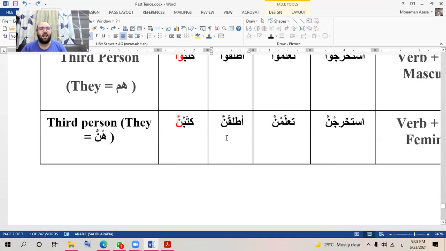Atlaq with qalqala. Atlaqna. Because there is a qalqala, you stop. Atlaqna. After that you add katabna. Istakhrajna, there is a qalqala. But if there is no qalqala, ta'allamna, we connect it. But because there is qalqala, we have it with qalqala.